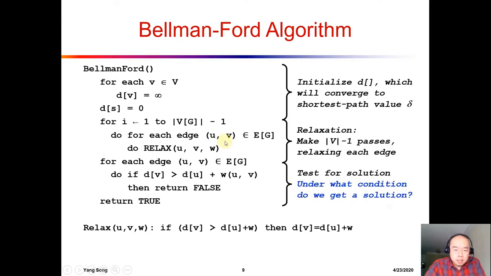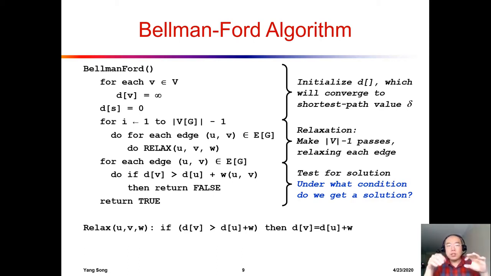The last part is where we test our solution. Why are we testing our solution? Well, it is always possible to lower the cost if there is a negative weight cycle. So after finishing the second loop, we do a further test.